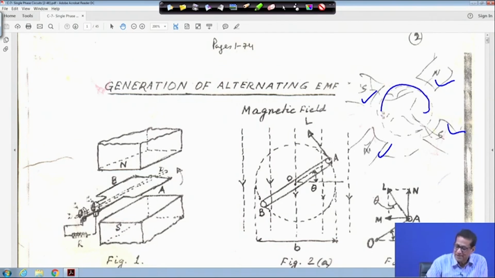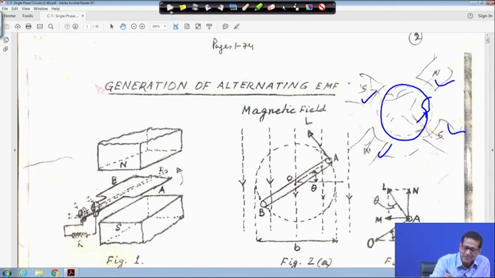If it makes one rotation with only N and S poles, then it is 1 cycle, right. But if you have 2 pairs of poles, although it will make your 360 degree rotation, electrically it is not the same, right. Electrically it will be 2 cycles, right.